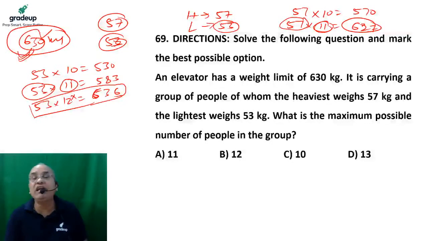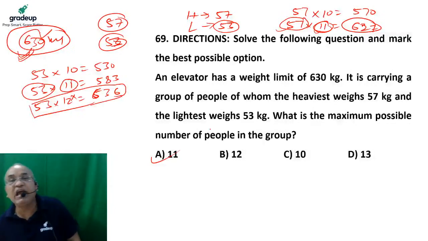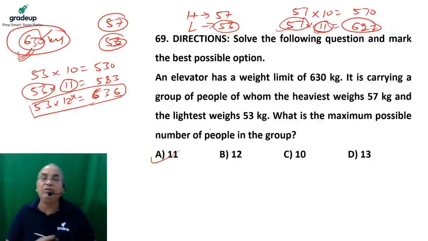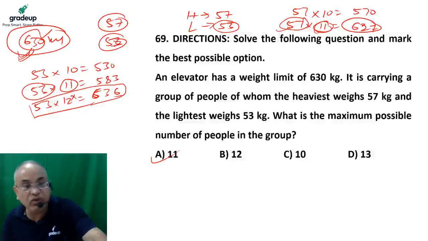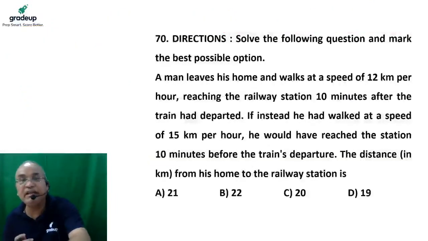It means the lift can carry 11 heaviest persons as well as 11 lightest persons. So the lift can carry at max 11, be it heaviest or lightest. Doesn't matter, 11 is the right answer. I think you got it. Move to the next question.